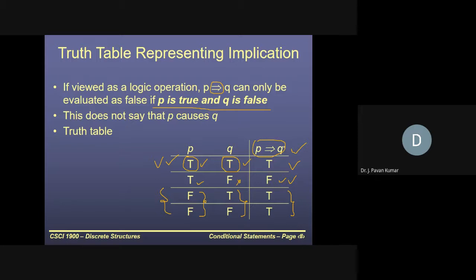Because we are obeying that particular condition. Understand my point? Shall I repeat once? Did you understand why we are having true, false only as false, and all the remaining as true?